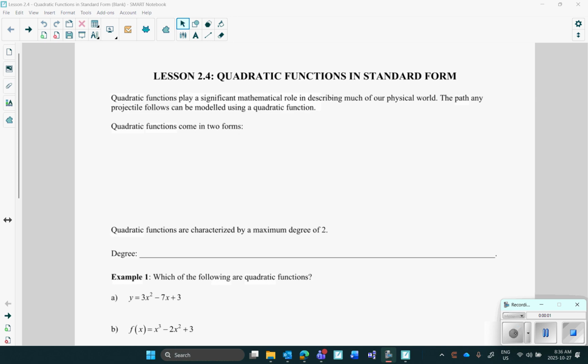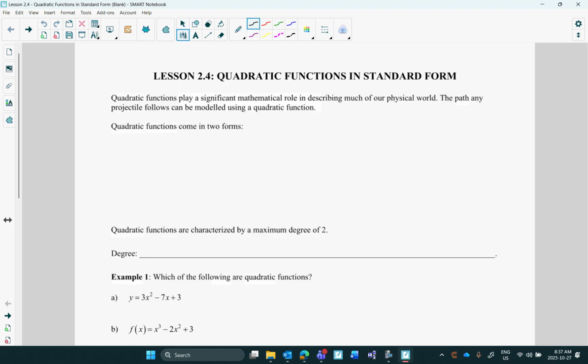All right, so where we last left off with quadratic functions is we learned what vertex form was. What is vertex form, by the way? Remember? What's the first letter I write?